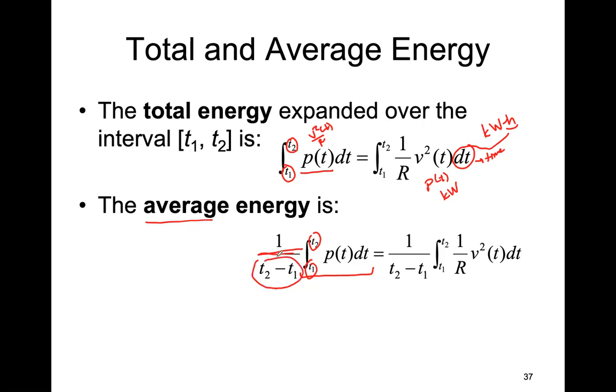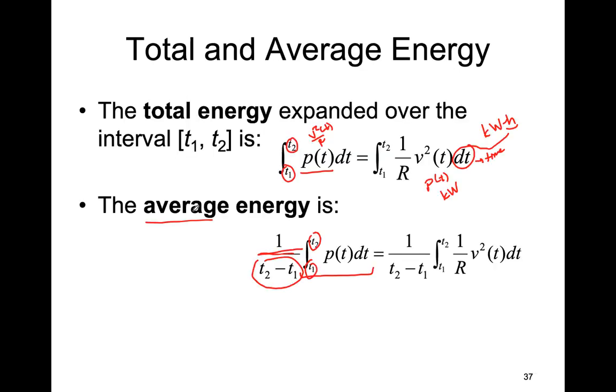So if you're talking about average, we have to divide the total energy by the total amount of time over which power is dissipated. Average is dividing by the period, by the duration of, let's say, a current flowing over the resistor.